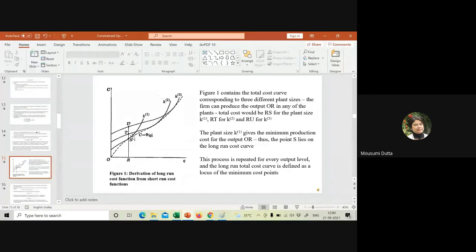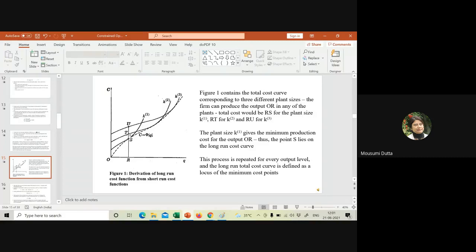I'm measuring cost along the vertical axis, so UR is the highest cost. So we should not go for this. If I can produce OR with the cost RS, definitely I'll select plant 1.